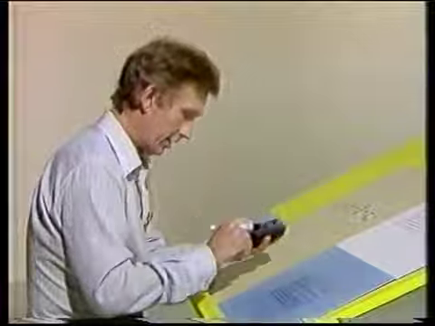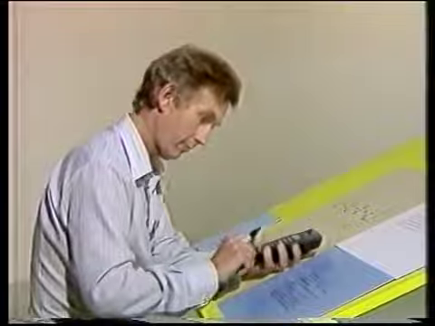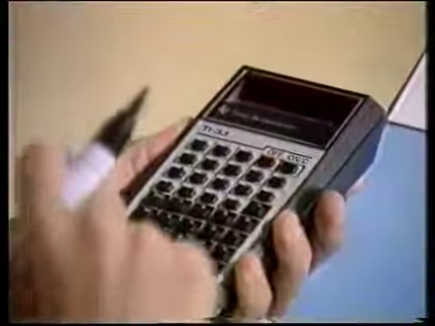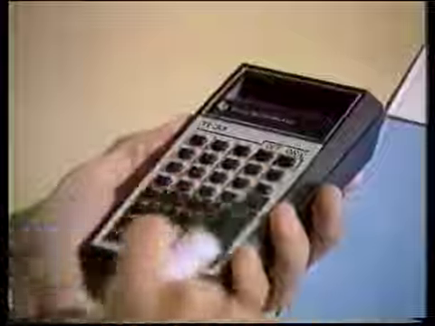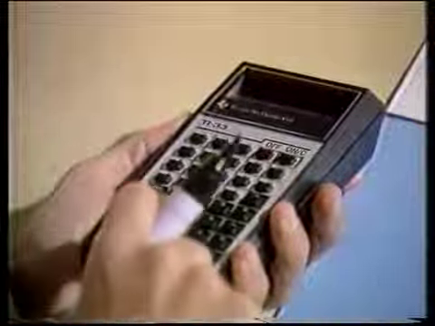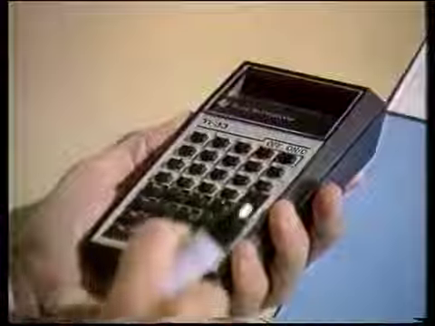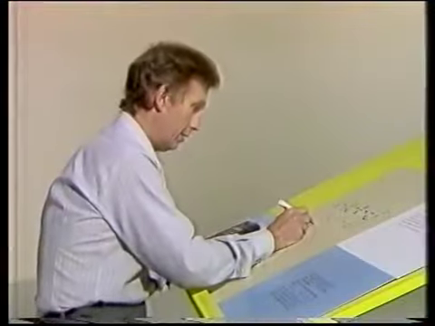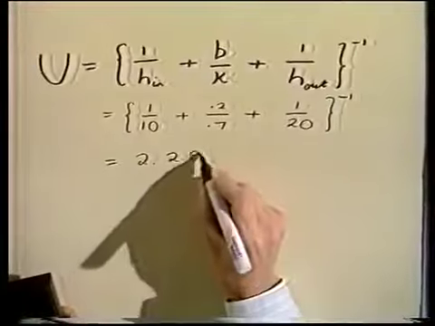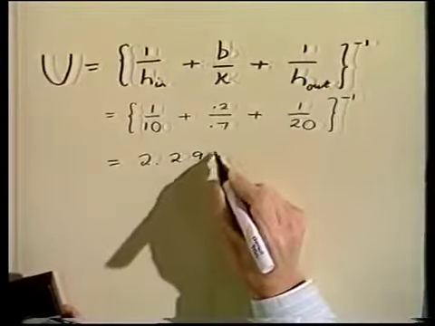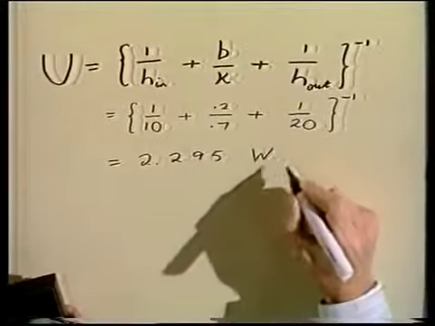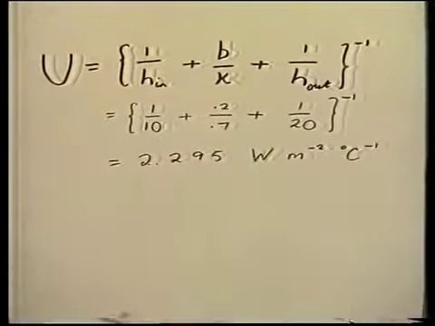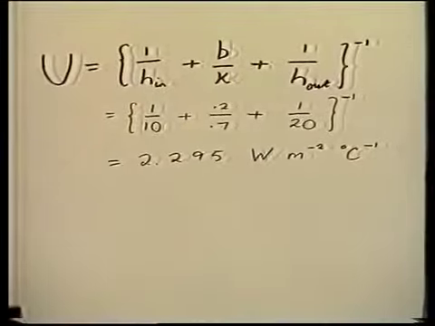So let's get the calculator. 0.2 divided by 0.7 plus 1 over 20. Finally take the inverse. To 4 figures, it's 2.295. And the units, So there we are, the U value is 2.295.